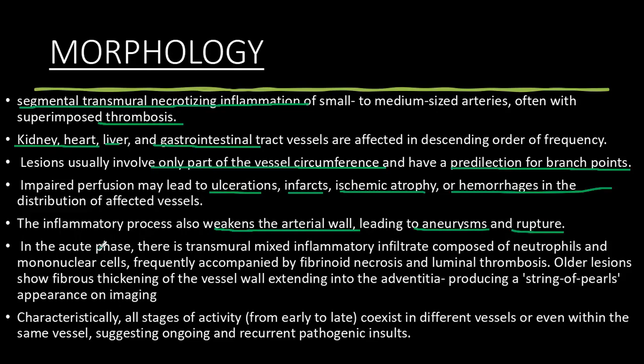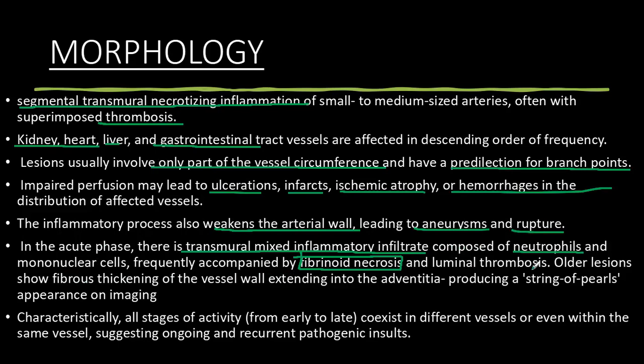Now, polyarteritis nodosa has an acute phase and a chronic phase. In the acute phase, there is a transmural mixed inflammatory infiltrate, composed mainly of neutrophils and mononuclear cells, okay? And it is frequently accompanied by fibrinoid necrosis, okay?